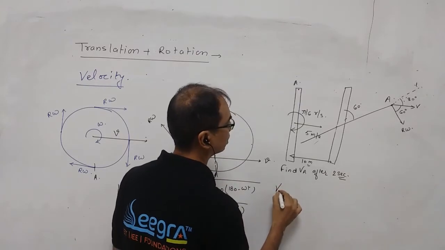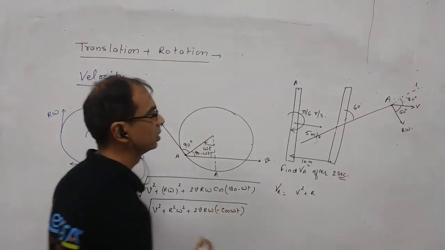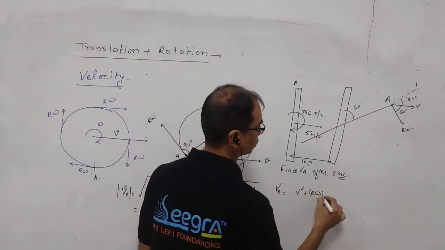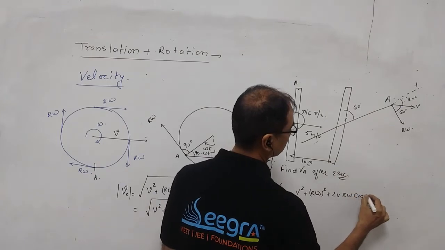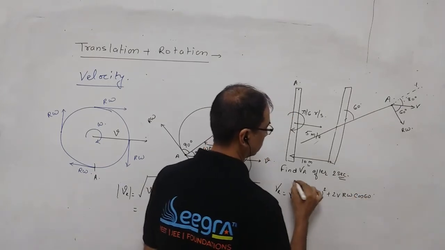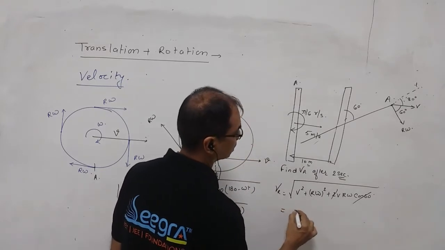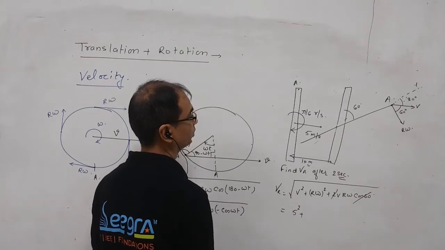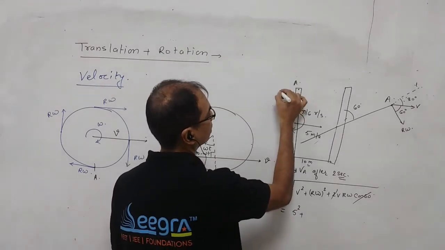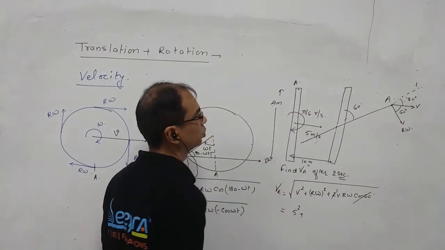The resultant value will be v square plus r omega whole square plus 2 v r omega, and the angle is cos 60, so the 2 is gone. Now you can write the values. This is 5 square. Length I also have to give you: take the length as 4 meters, so the radius becomes 2.